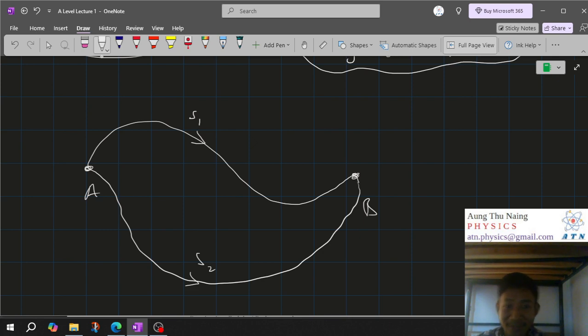So in motion, a path is the mandatory condition.